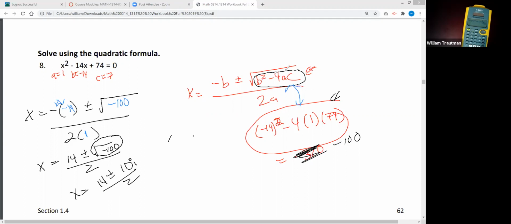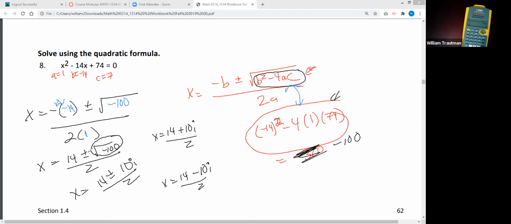So we have two answers. X equals 14 plus 10i over 2, and x equals 14 minus 10i over 2.